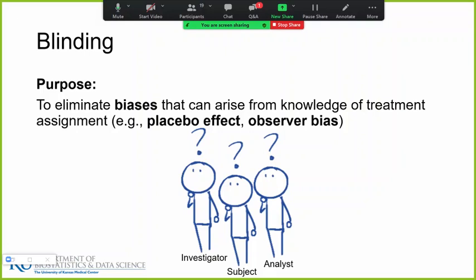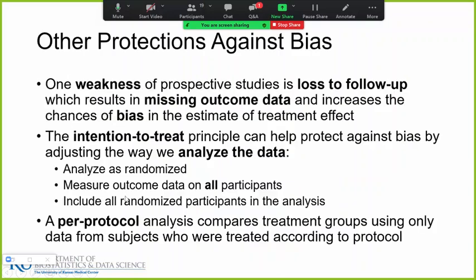It might also cause you to drop out of the study and result in systematic missing data, so that would result in bias. There's single blind, double blind, triple blind. Triple blind is when whoever's doing the data analysis is blind, and we like that as a big part of reproducible research.